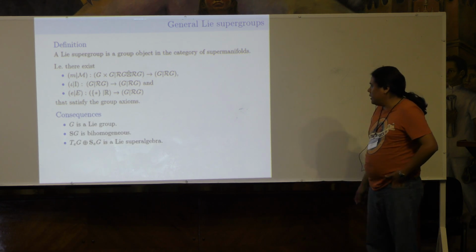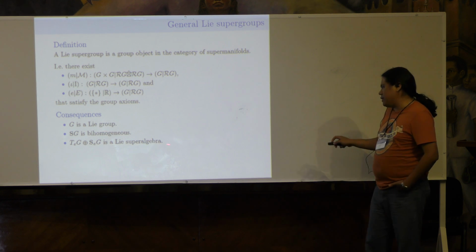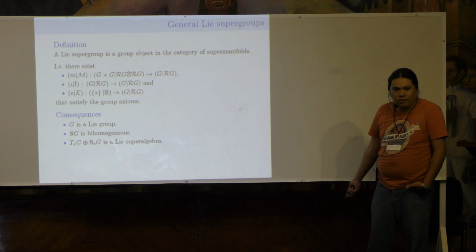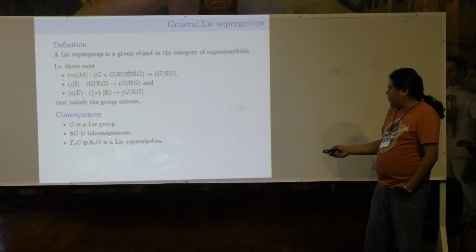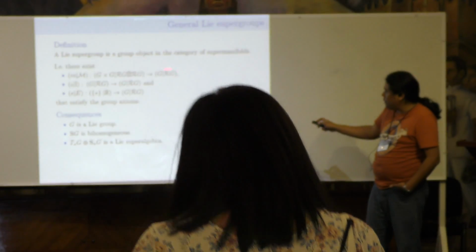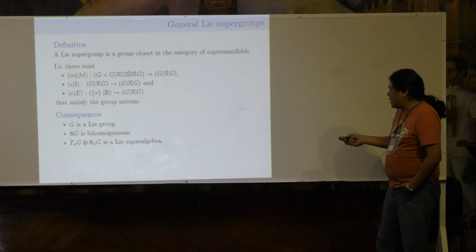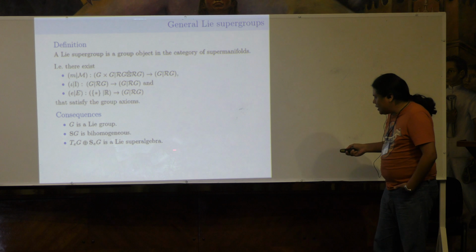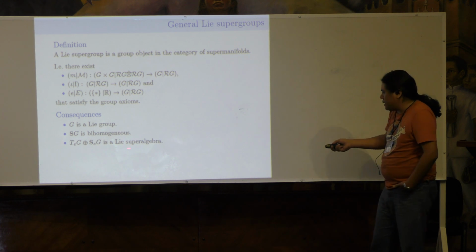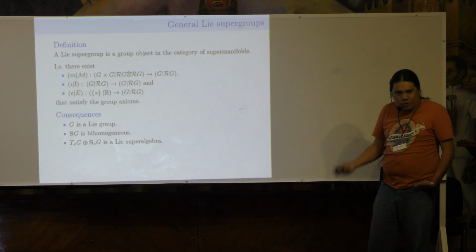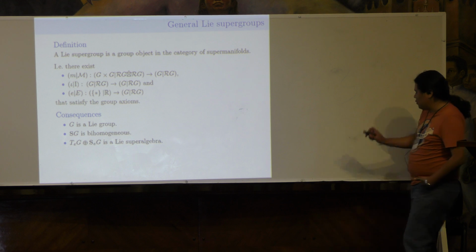The problem here is that, well, first the consequences: G should be a Lie group, no? The bundle of odd directions of this supermanifold is also GB homogeneous. That's also easy. The tangent space, or the supertangent space at the identity element, is also a Lie superalgebra. That's more or less easy to prove.